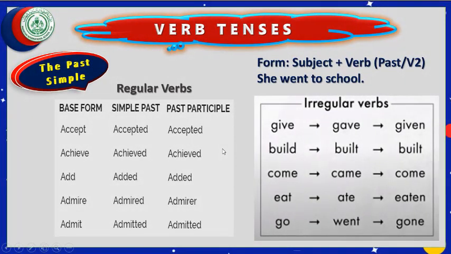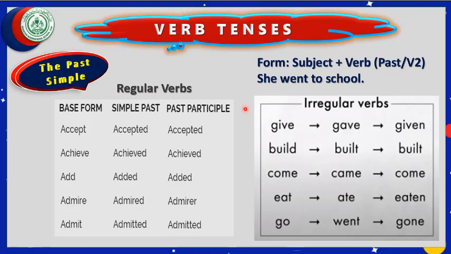Dear students, we learned about regular and irregular verbs also. As you know, we shall use second form of the verb in past simple tense. That is why we have to change the verb into second form. We should know how to change a verb into second form.